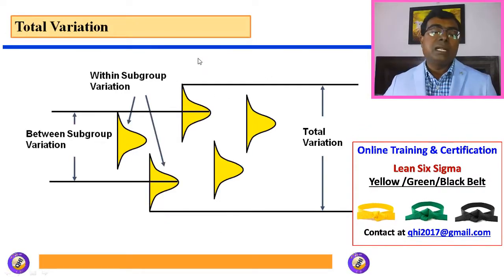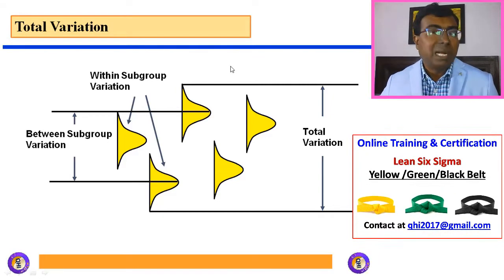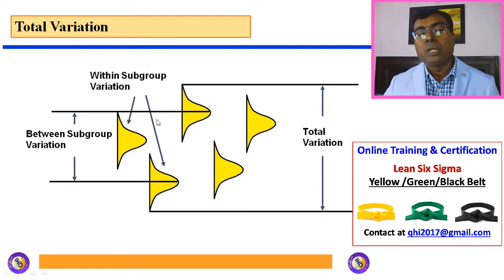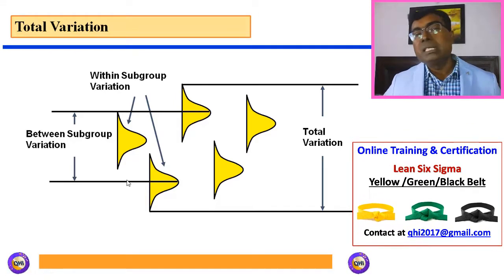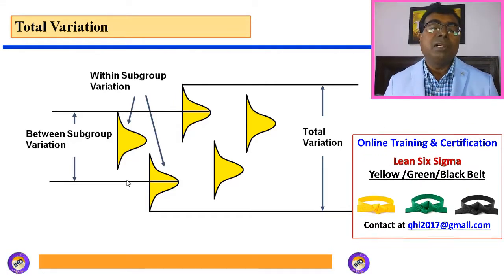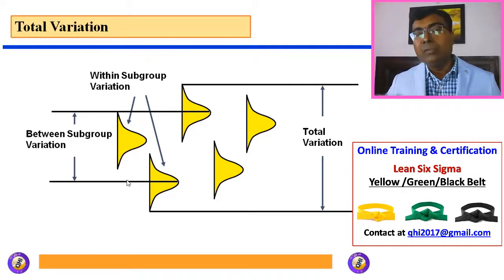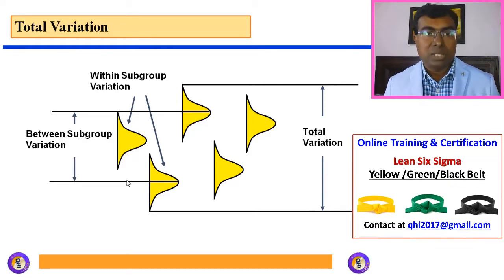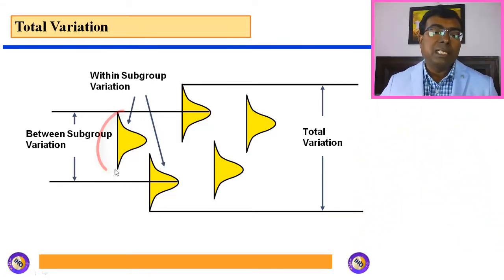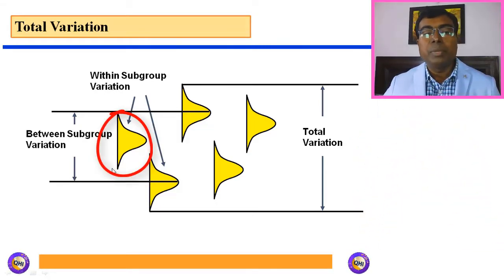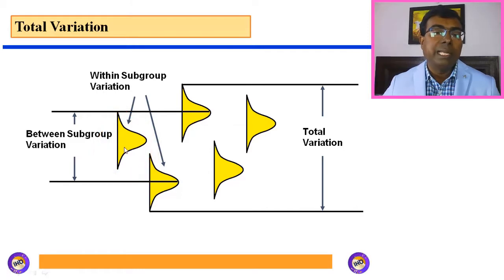Now friends, let's understand some other aspects of variation. In our control charts, we always take some samples at set frequencies and we try to understand the variation between and within the processes. So here in this example, suppose we have taken a sample at 9 o'clock in the morning, and after each 1 hour of interval, we are taking some samples.